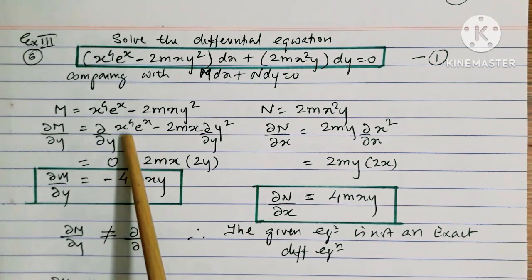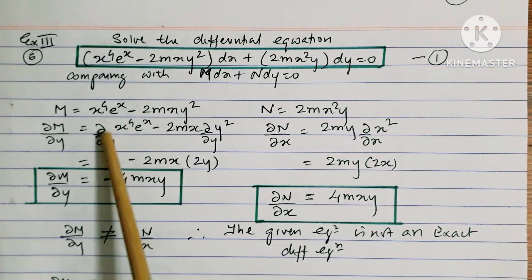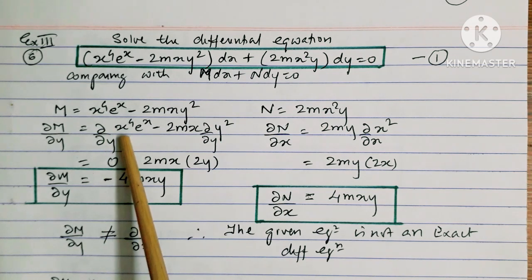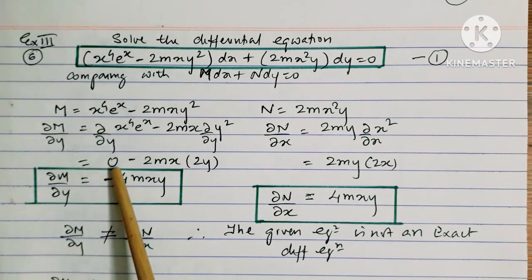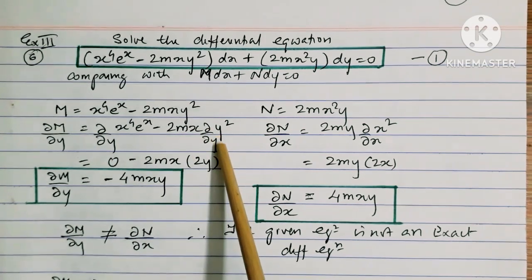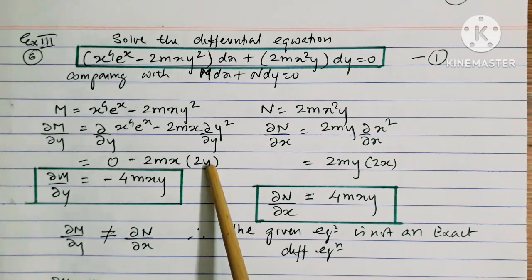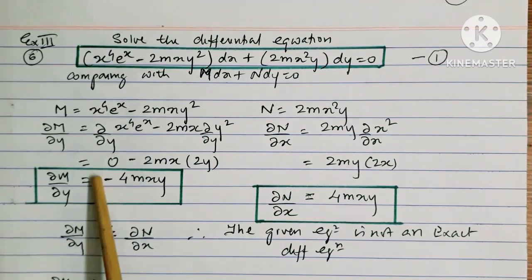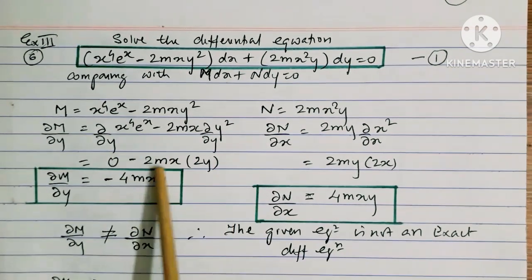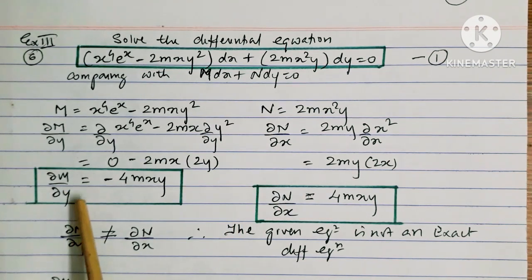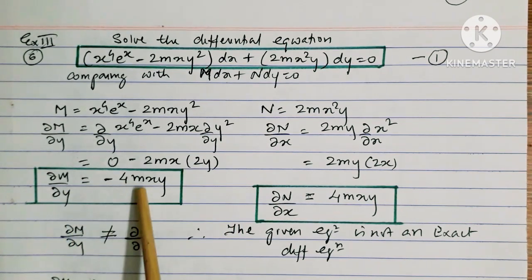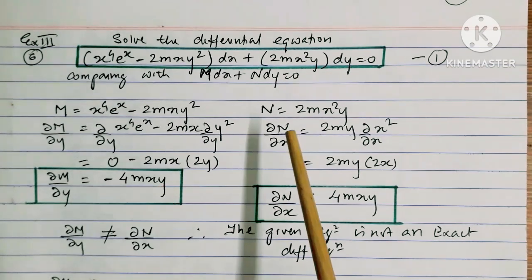Now since we are treating x as a constant, del by del y of x raised to 4 into e raised to x equals to 0. And del by del y of y square is 2y. So del M by del y equals to 0 minus 2mx into 2y. So del M by del y equals to minus 4mxy.